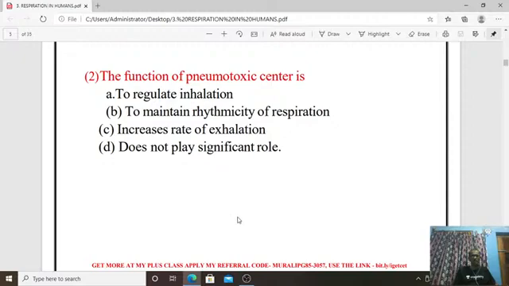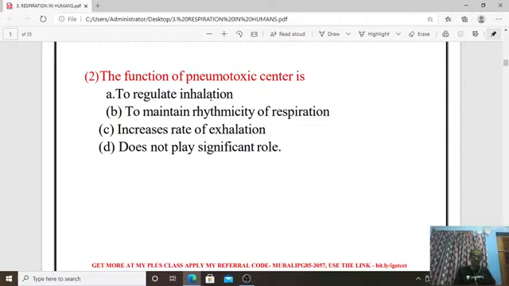The function of pneumotaxic center is which one? Pneumotaxic refers to the concentration of carbon dioxide content in the body fluid or cell. So what is the function?